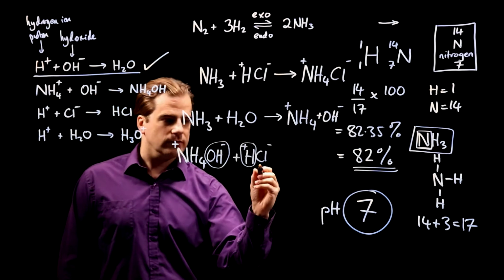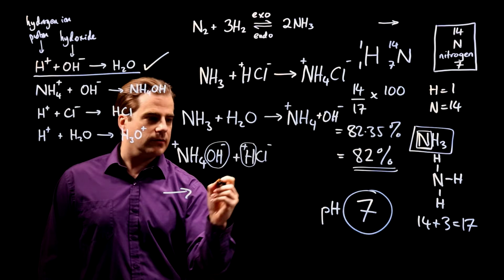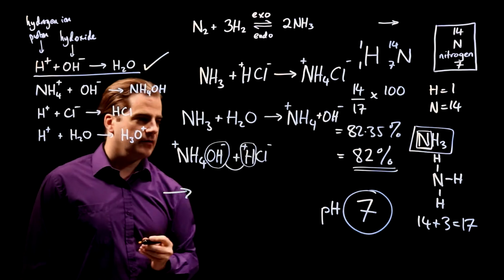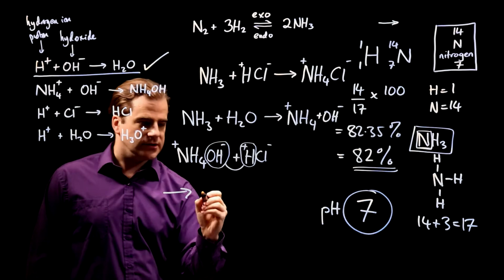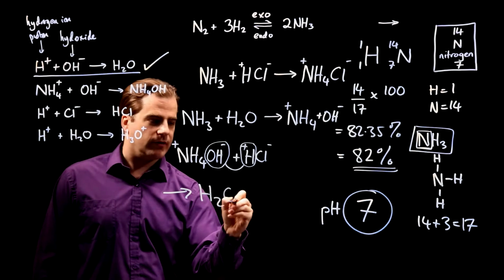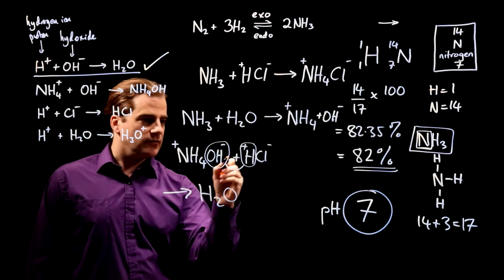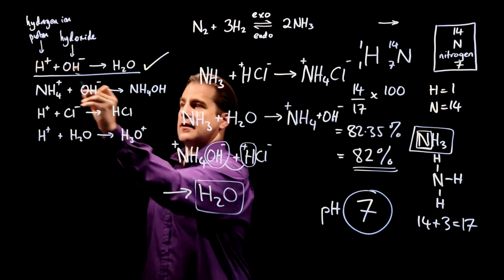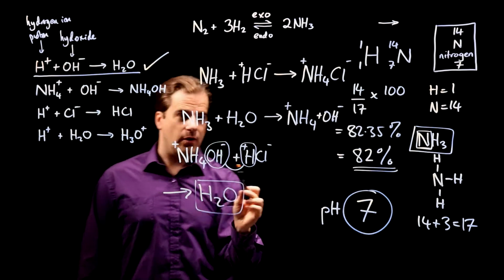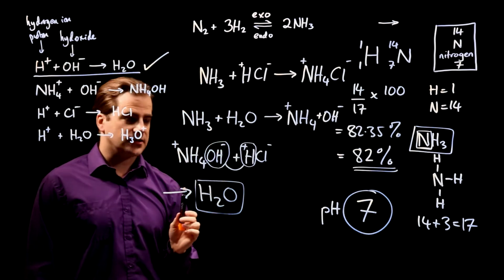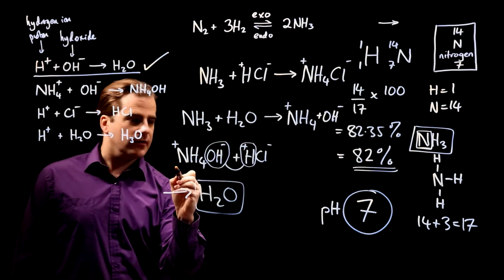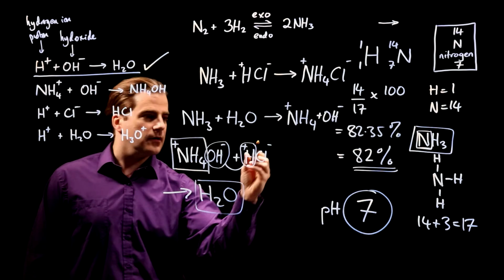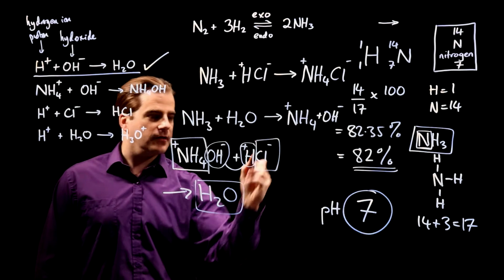And those two get together and form water. Okay? So those two reacting to make water is that bit. That's why it qualifies as a neutralization reaction. And what's left? NH4+ and Cl-.